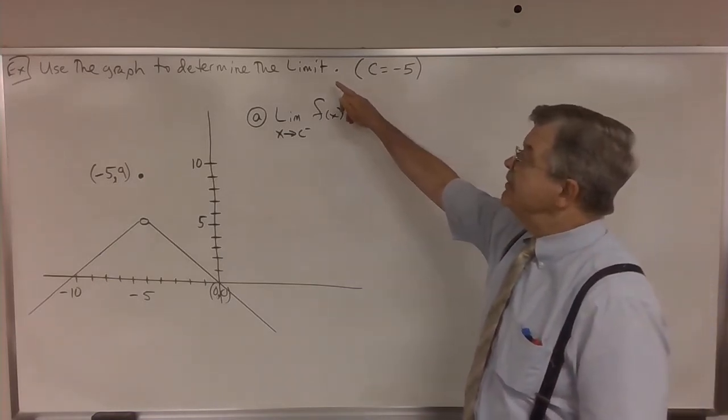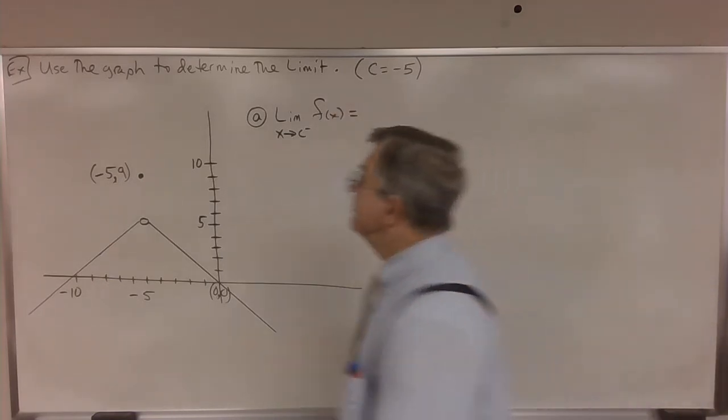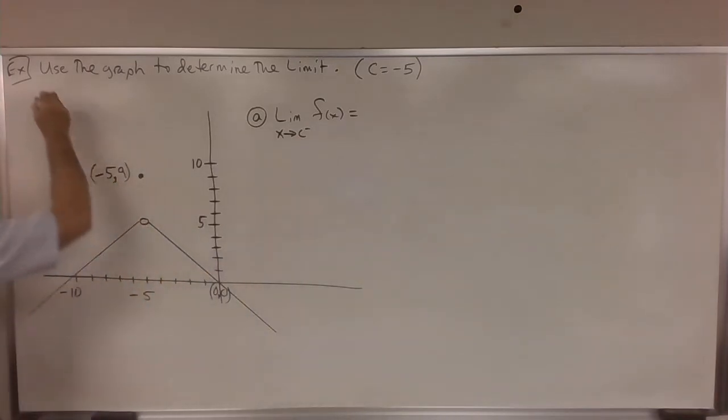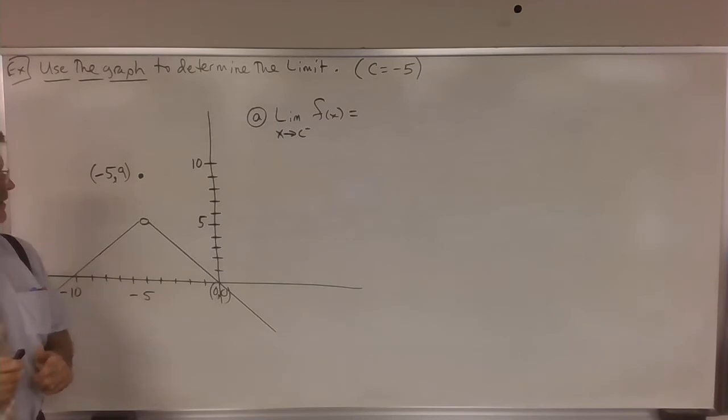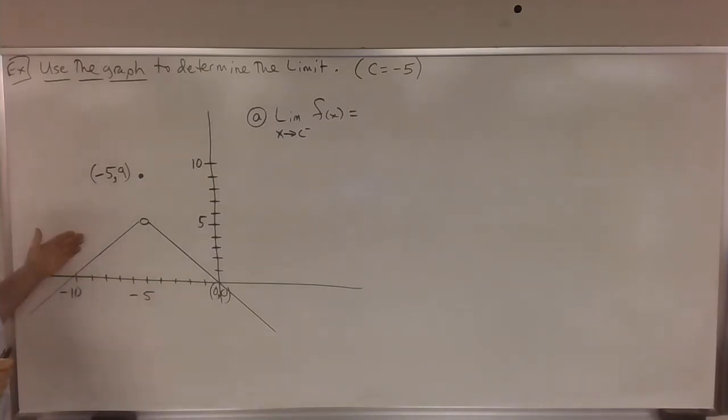So this is one of the exercises. And according to the directions, we use the graph of the function f of x to determine the limit. So this is the graph y equals f of x.